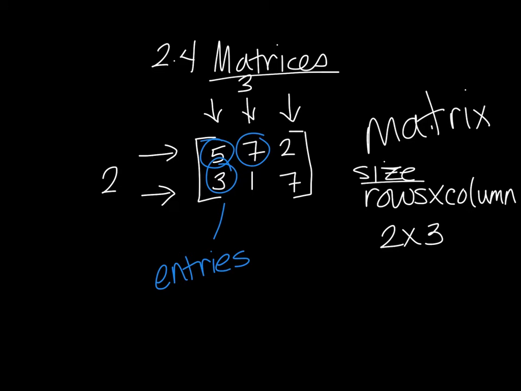And it's really important when you're adding or subtracting or comparing matrices that they are the same size. So if I wanted to add this to another matrix, I would have to make sure I have a 2 by 3 matrix. If you have an equal sign between 2 matrices, so if I put, let's see here, a matrix and then another matrix, I'll make 2 by 2 matrices here. Okay, so if I had 1/3 in the top left entry, I would have to make sure on my other one that I have the same value in the top left entry as long as I have this equal sign here.